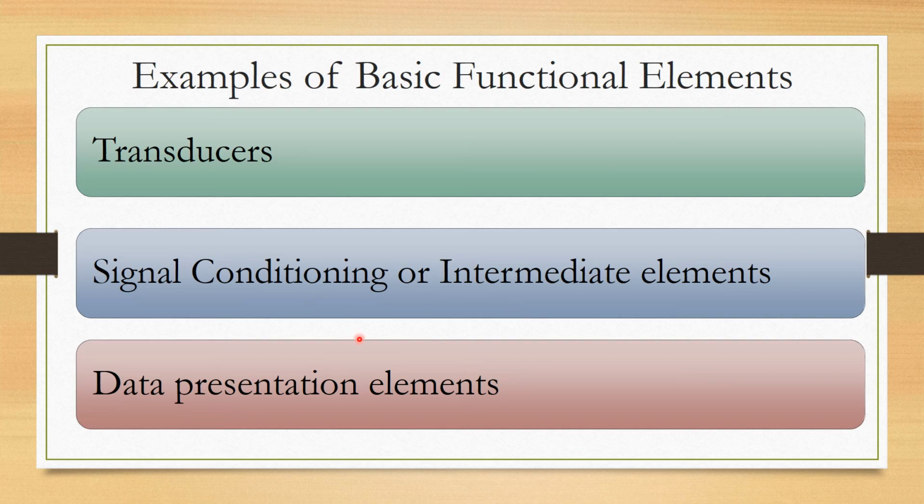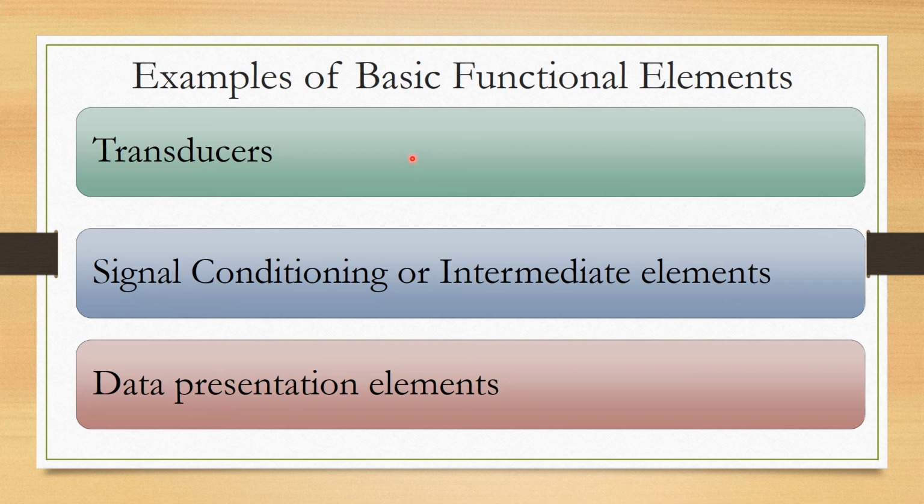Because sometimes the output of the transducer is very weak, so we may need to enlarge that. Sometimes the transducer gives a large output, so we need to attenuate that. These types of work are carried out by signal conditioning elements.